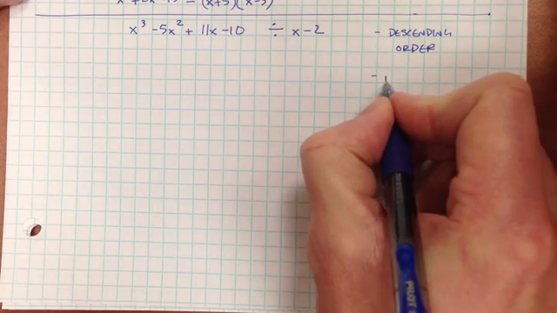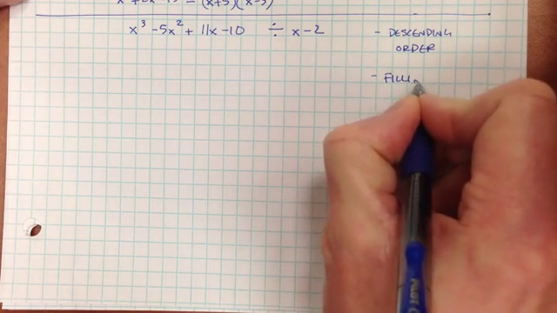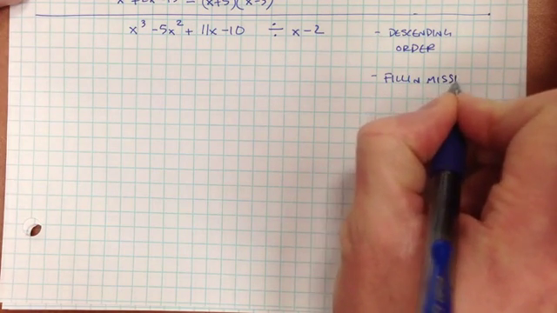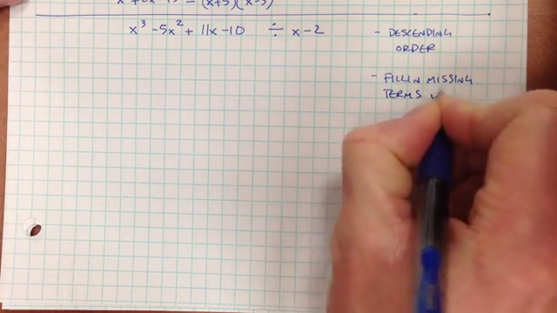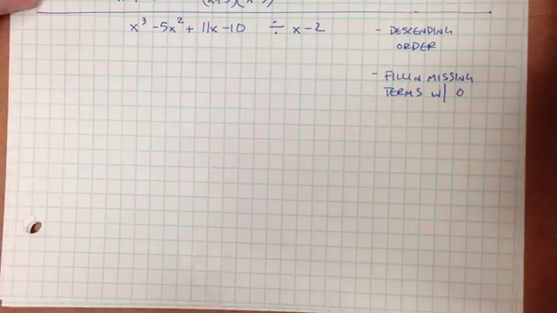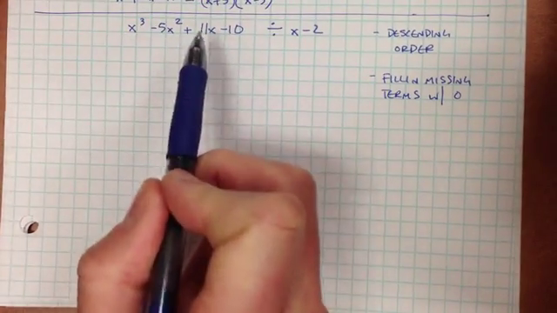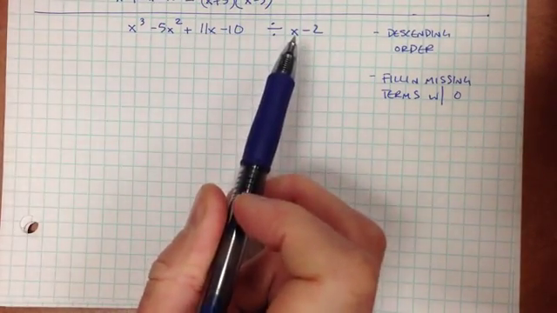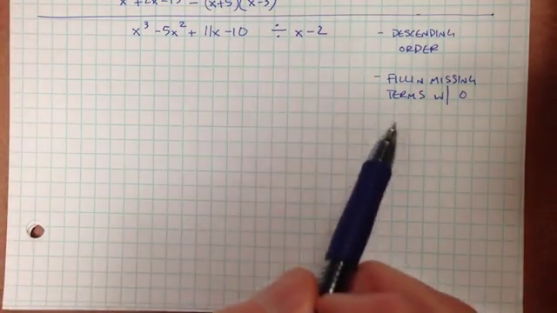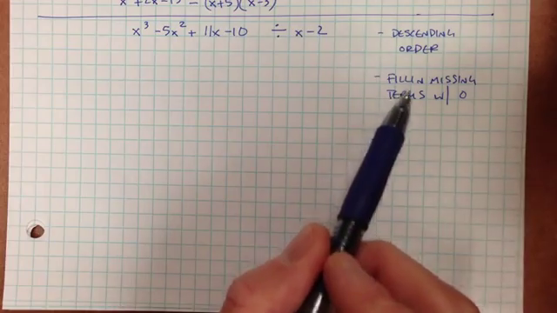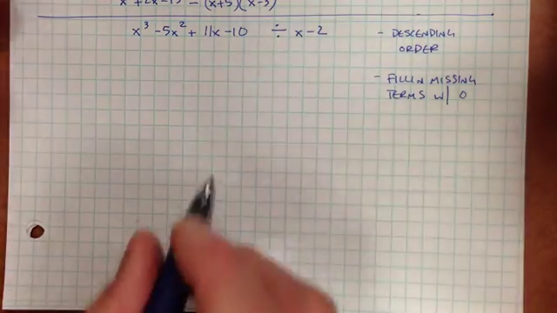And we need to fill in any missing terms with a 0. So we have cubed, squared, x, and our constant. We have an exponent of 1, and then our constant. So everything is taken care of. You're going to see this in action a little bit later, but this is a very, very important point that we need to keep in mind here.